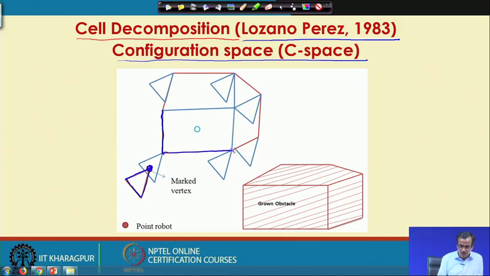So, this is nothing but the obstacle, and I have got a physical robot something like this. So, this is the robot and we have got the obstacle here. How to ensure the collision free path for this type of robot? Now, what we do is, this particular physical robot is converted into a point robot something like this, and this type of rectangular obstacle is converted into a grown obstacle something like this.